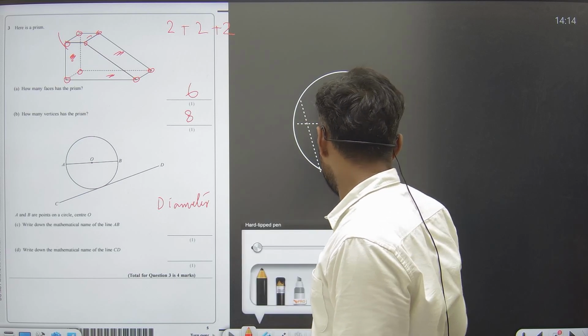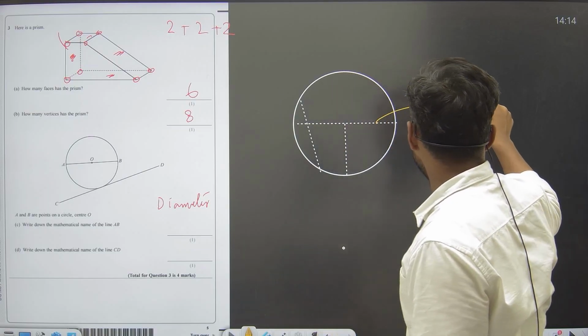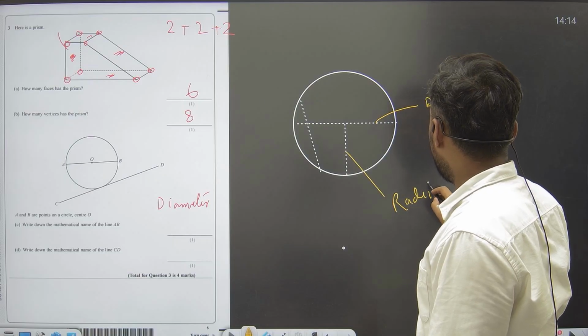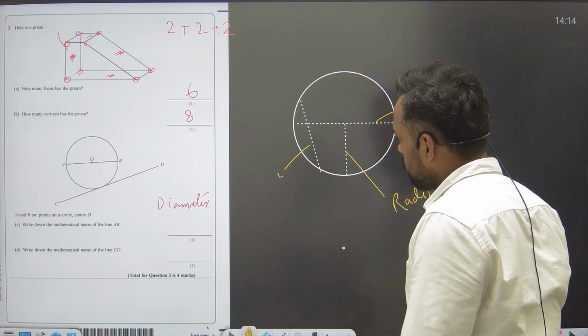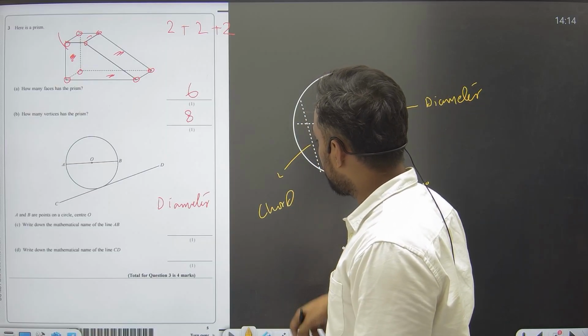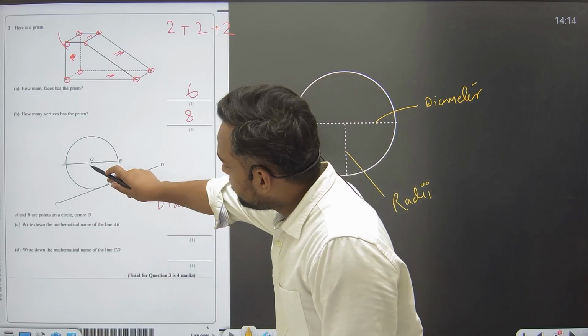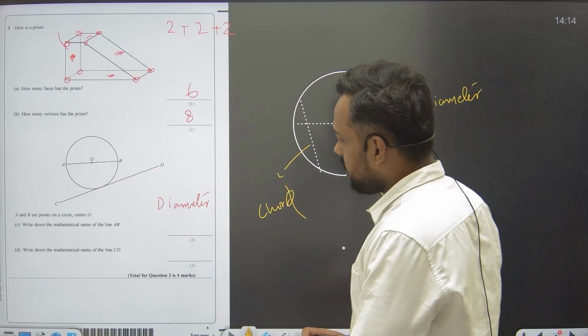This is the diameter. This is the radius. Radius is half of the diameter. Any line which touches the circle at two distinct points will be a chord. So since O is the center, and it is passing through O, it is a diameter.